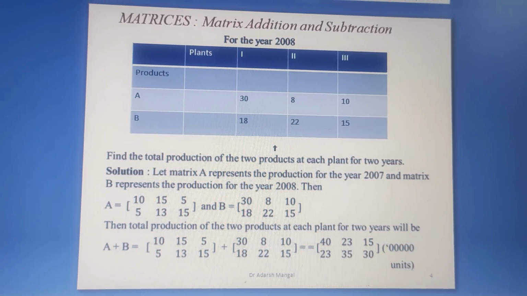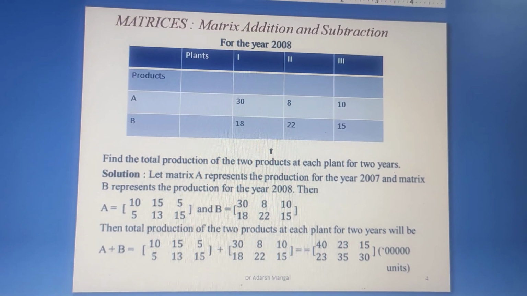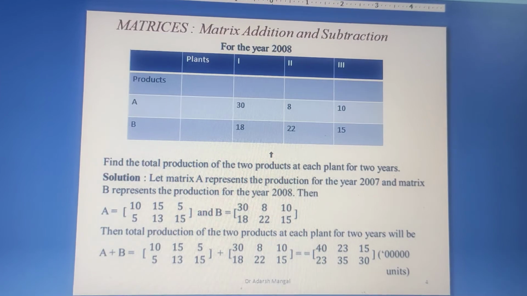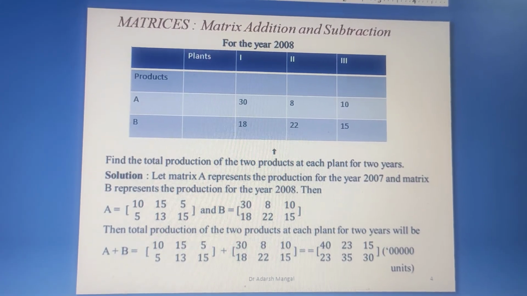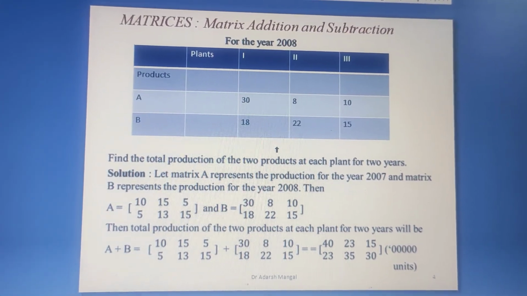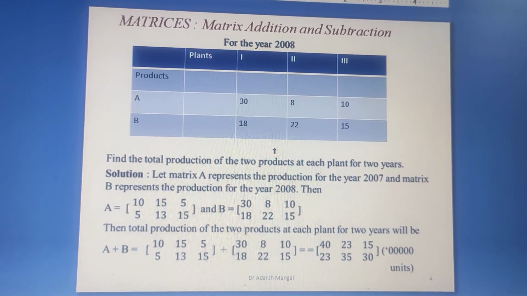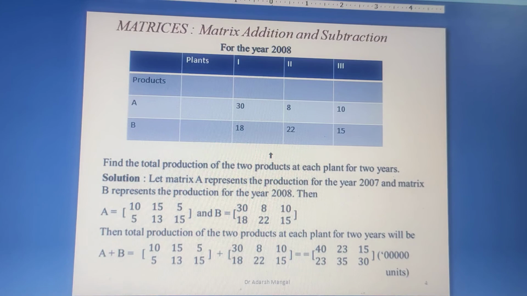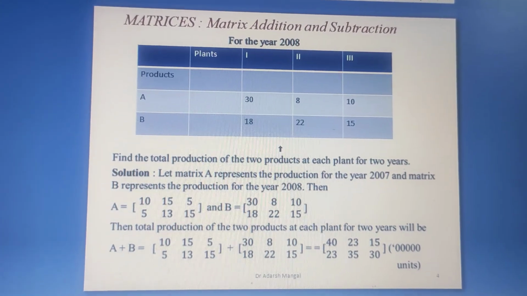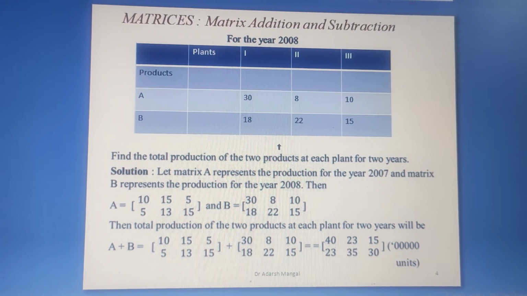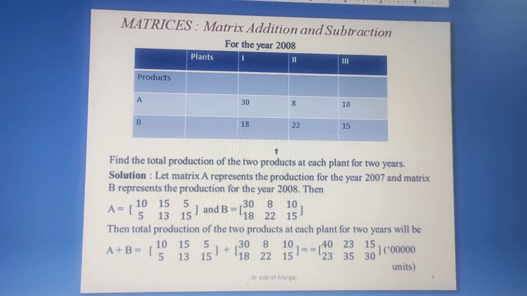Let matrix A represent the production for the year 2007 and B represent the same for 2008. Then we have from the table A is 10, 15, 5, first row; 5, 13, 15, second row. And for B, 30, 8, 10, first row; 18, 22, 15, second row.